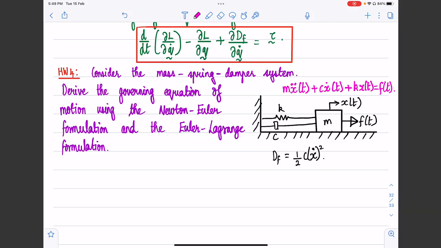Both formulations are useful. The important point is that if you take a system and apply both formulations, obviously you should get the same answer. That is the final check which is useful to us. Those are the two formulations.